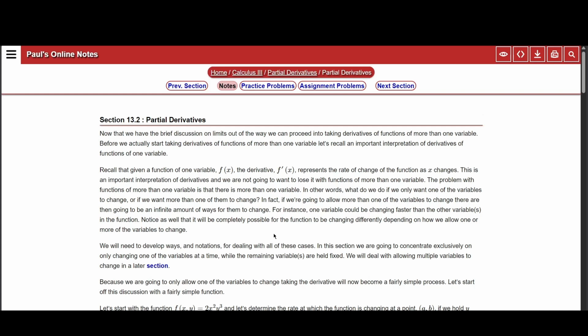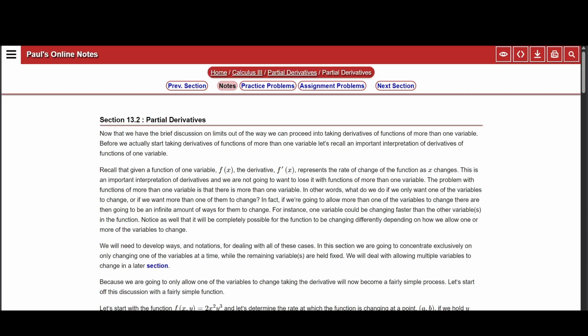Okay, so what I understand partial derivatives to be is they're basically just derivatives. If we take the concept of derivatives in calculus, we're basically just dealing with one variable, so we're just dealing with the change of one variable.